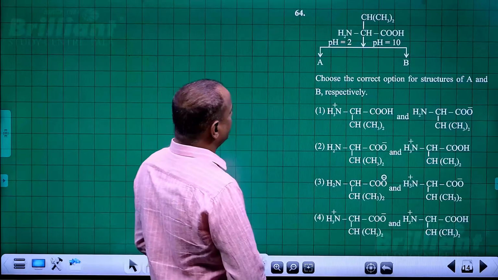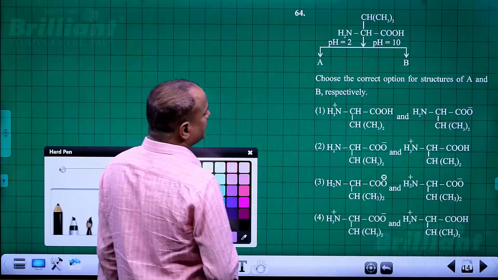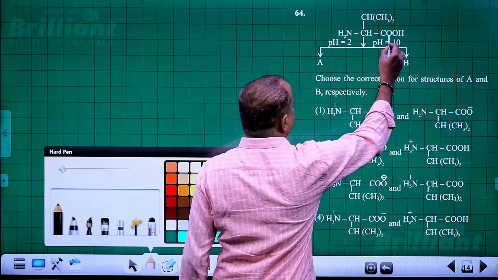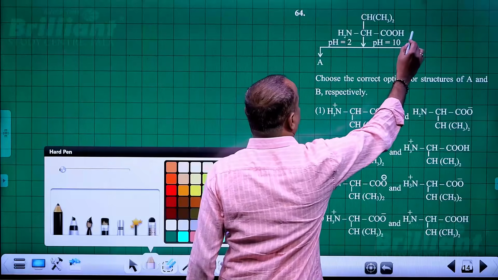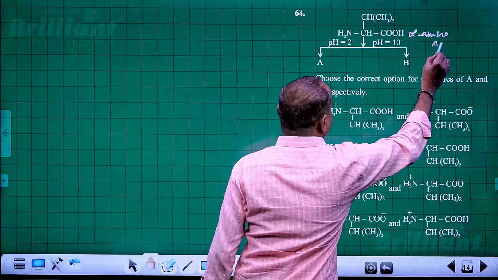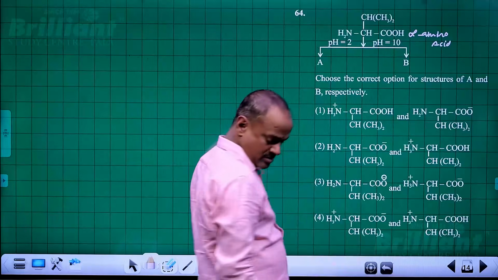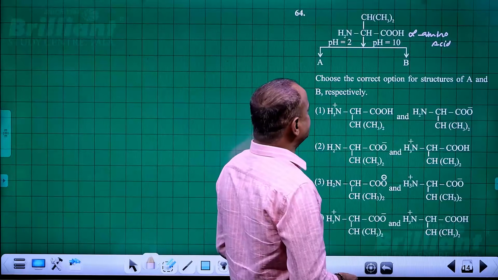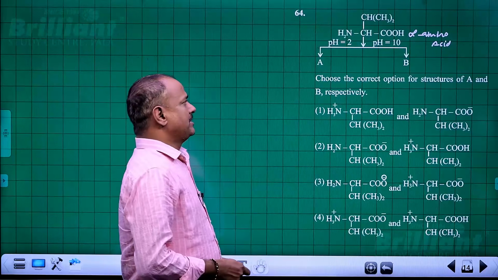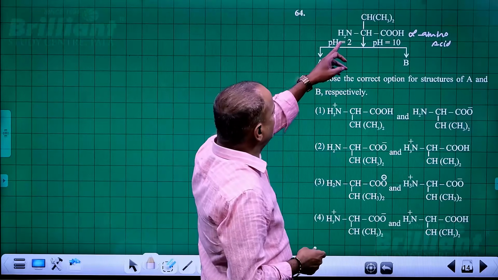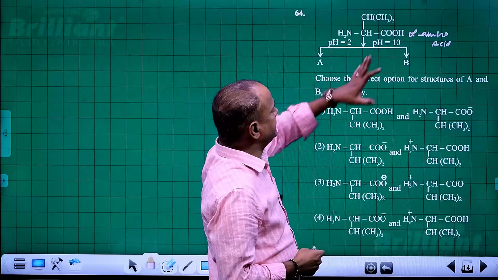Next, 54. Compound given is an alpha amino acid. Alpha amino acids have the tendency to exist as zwitter ions, depending upon the isoelectric point. This has one amine and one acid.